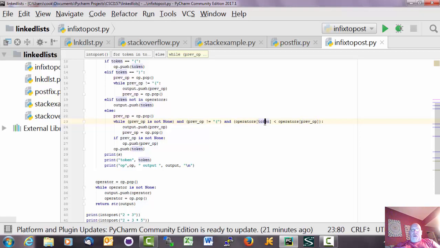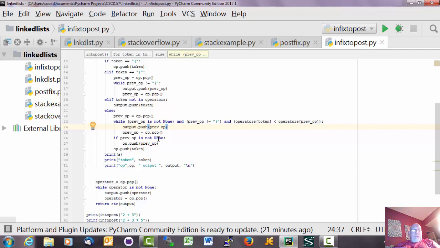And if the current token has a smaller order of precedence than the previous operator, then we push the previous operator onto the output stack. And then we keep doing that. So we keep pushing these higher order of precedence operators onto the output stack until we run out.